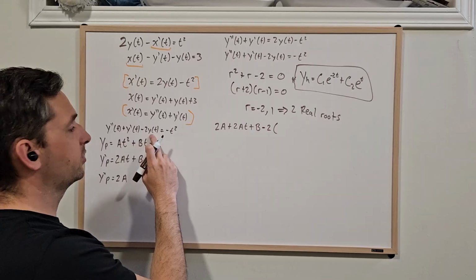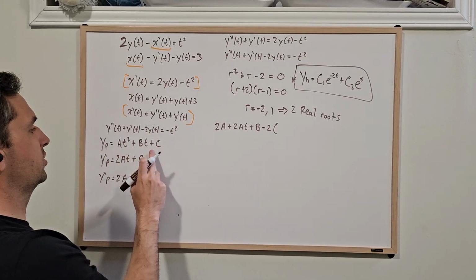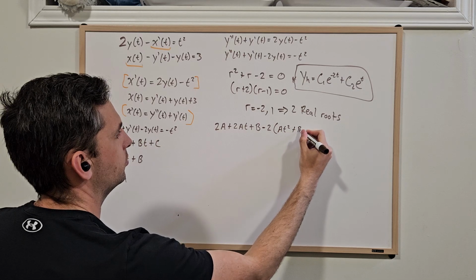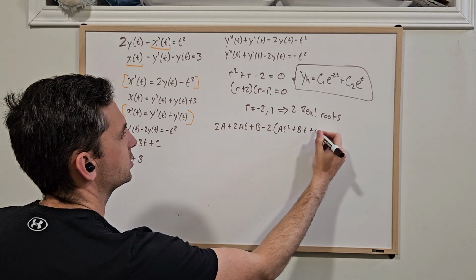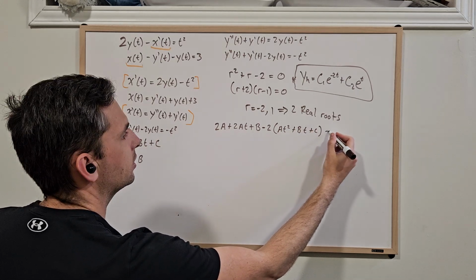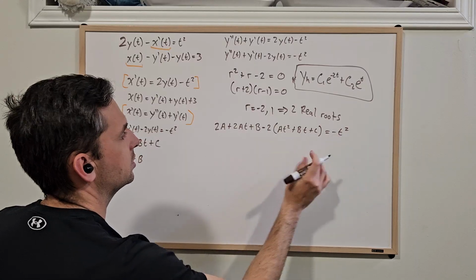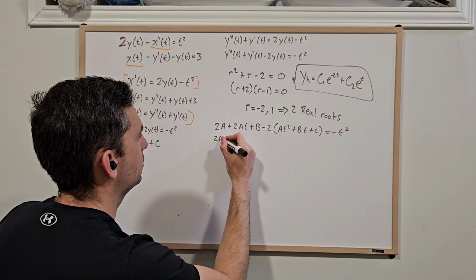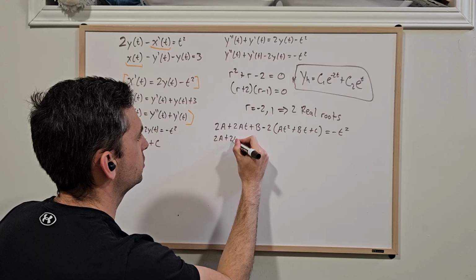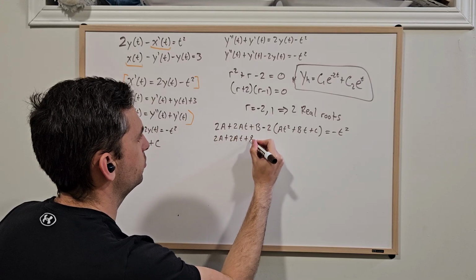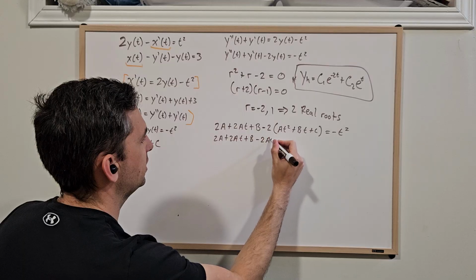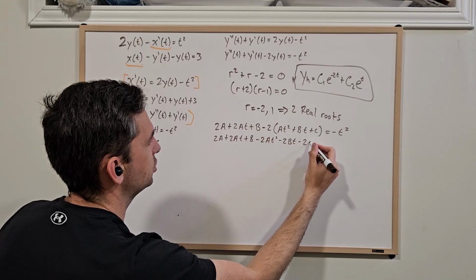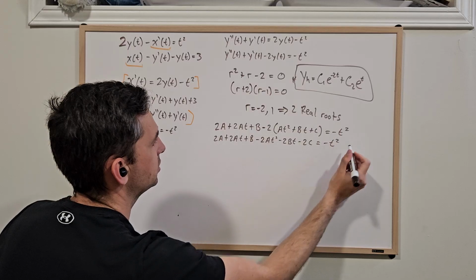And then we have our original particular solution, which is this one, a t squared plus b t plus c. And that is all equal to negative t squared. Just like this, okay? Now we're going to expand this out. 2a plus 2at plus b minus 2at squared minus 2bt minus 2c is equal to negative t squared.